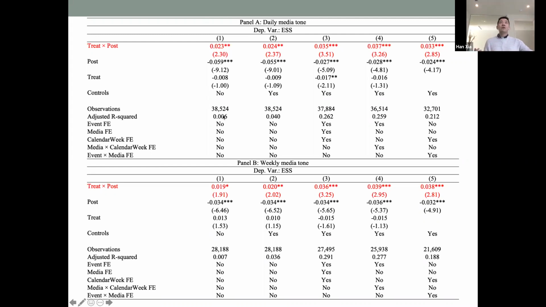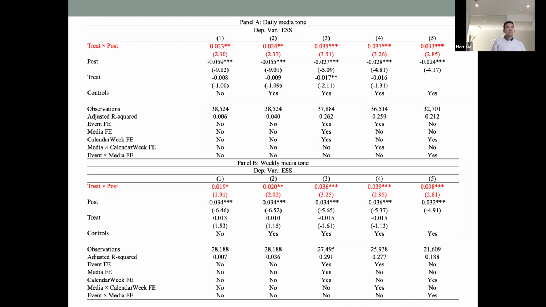For example, in the first column, the post coefficient is negative 0.59, which means that after the litigation, the non-treated group, which is the non-cross-held media, dropped their tones by almost 0.6, but that was mitigated if the media was cross-held, which can be seen by the red highlighted coefficient, which is almost half of that.